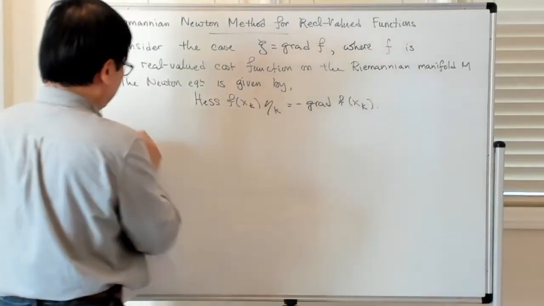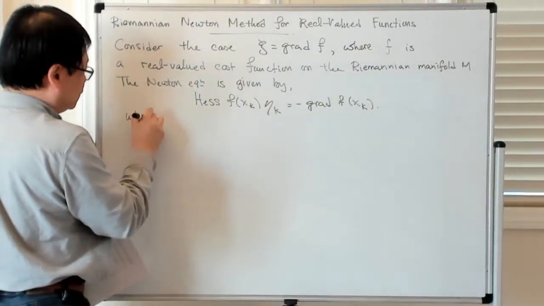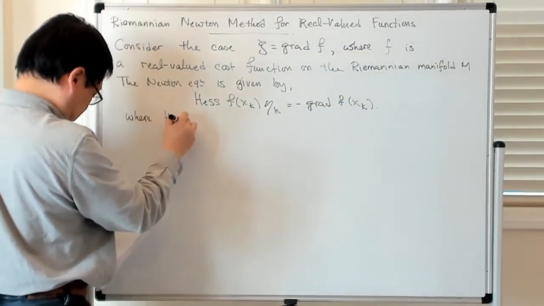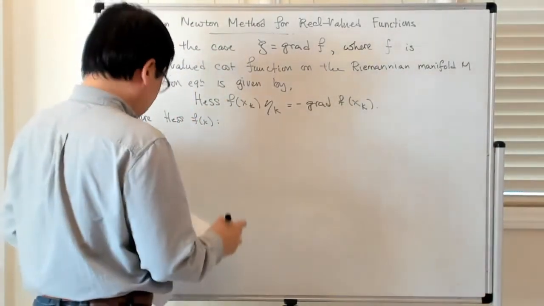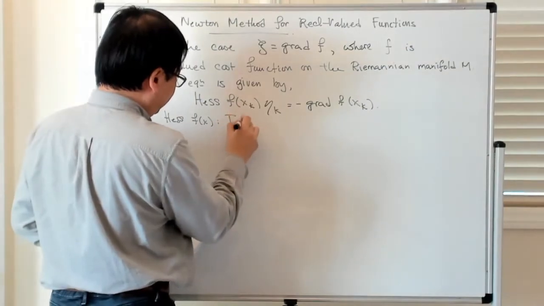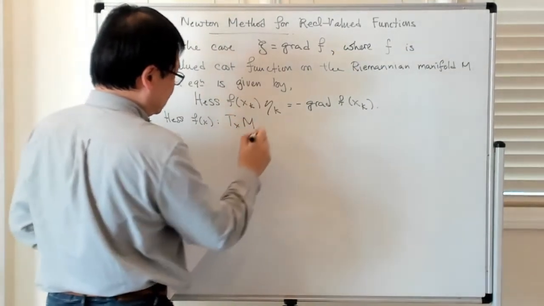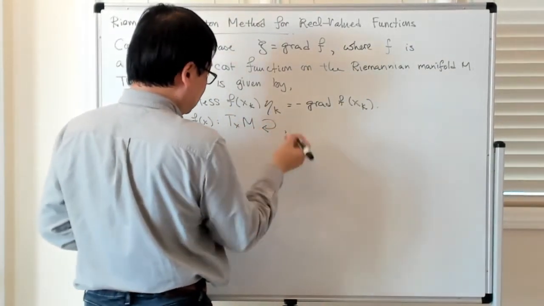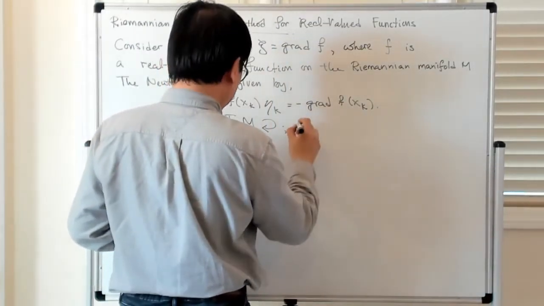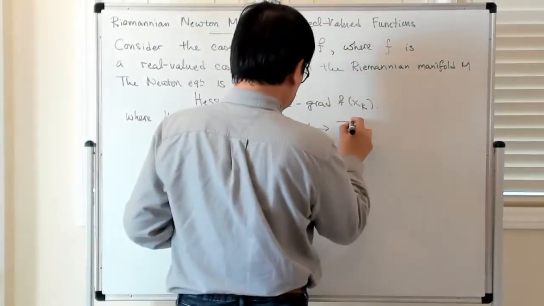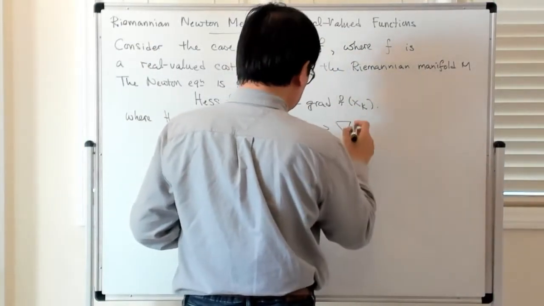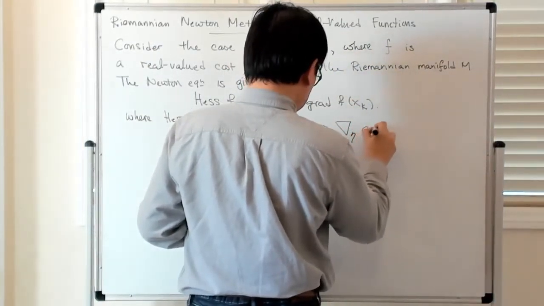Okay, so where the Hessian of f of x is viewed as a linear map from the tangent space at x to the manifold back to itself, right, which maps a vector to the covariant derivative of the gradient of f.